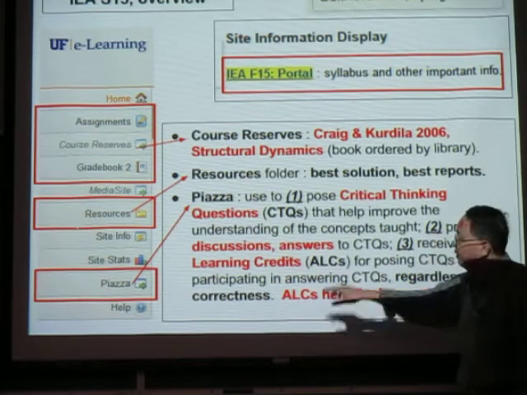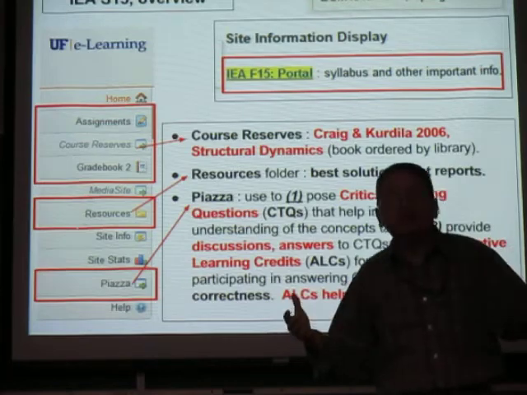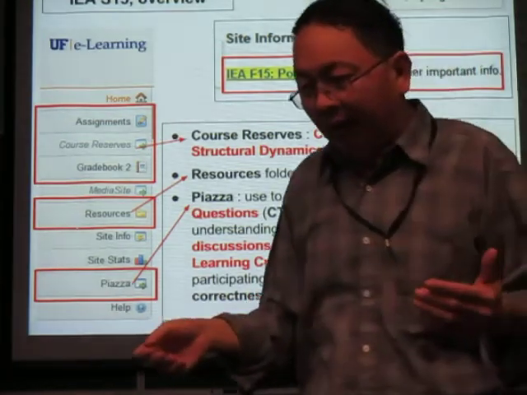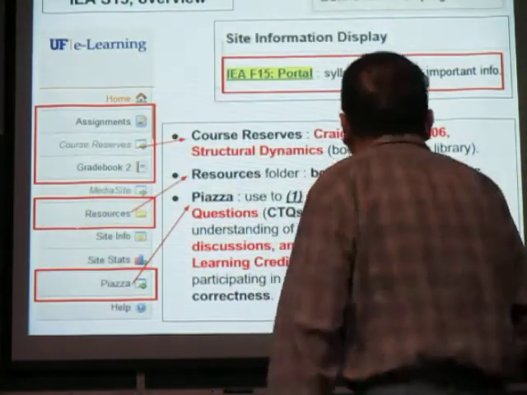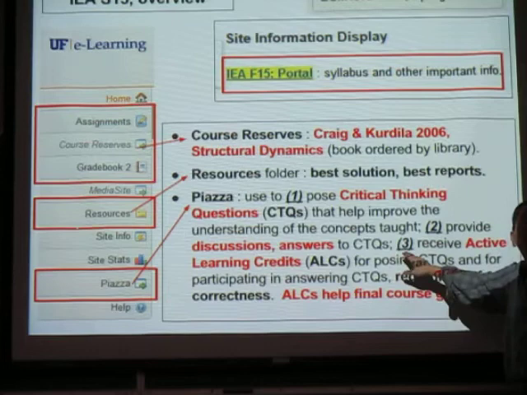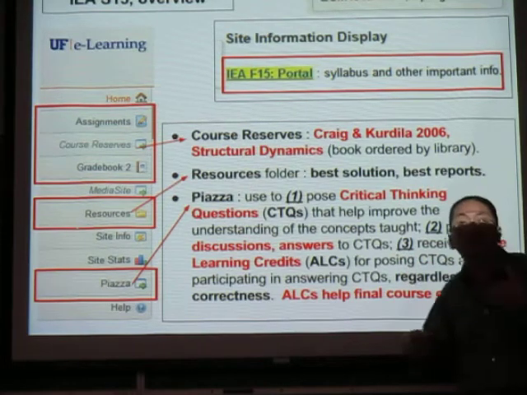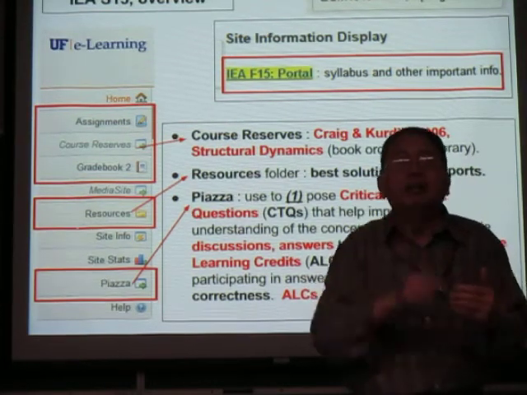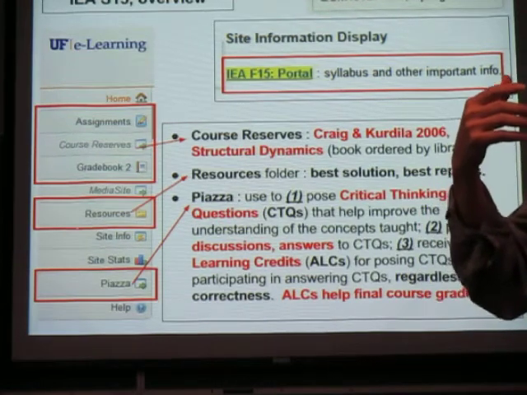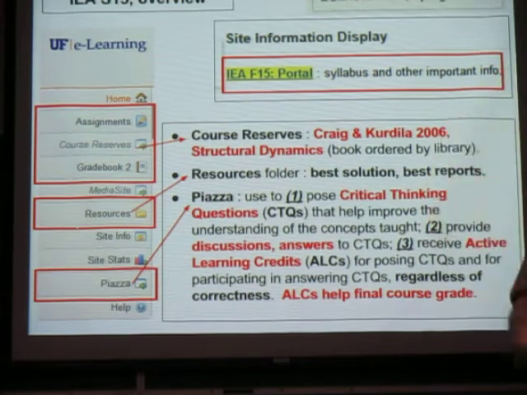Now the second point is to provide discussions and answers to the critical thinking questions. And that makes the class more lively, okay? And as an incentive to doing so, you would receive active learning credits. The active learning credits will help your final course grade.